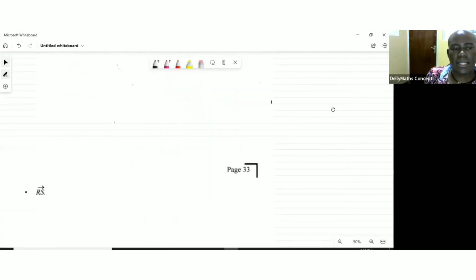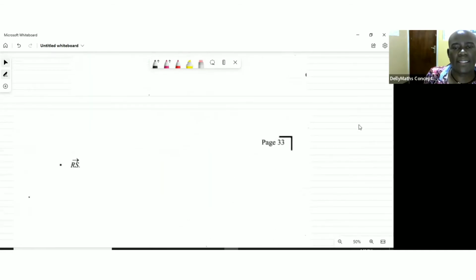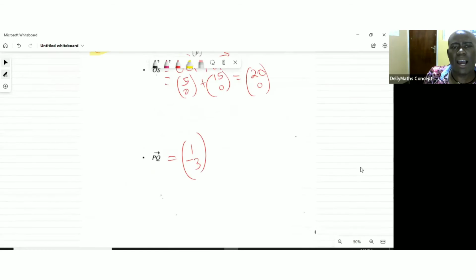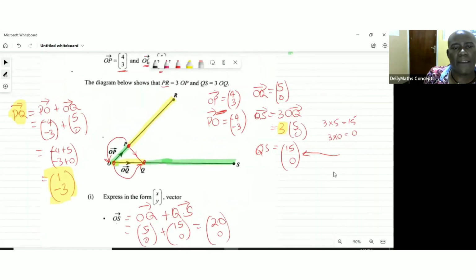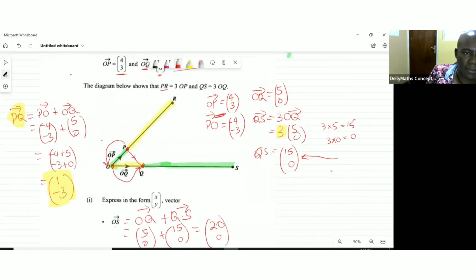Let us push further to see what else they ask. The next question says, find RS. Let's look back at the diagram. We were asked to find RS.